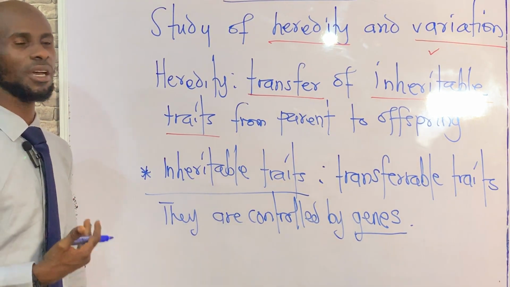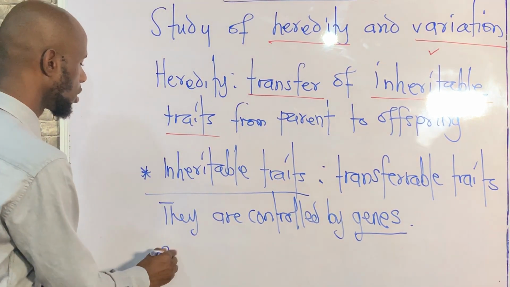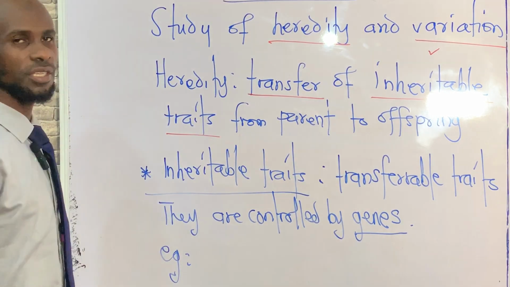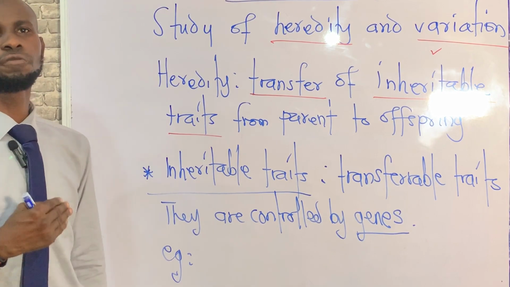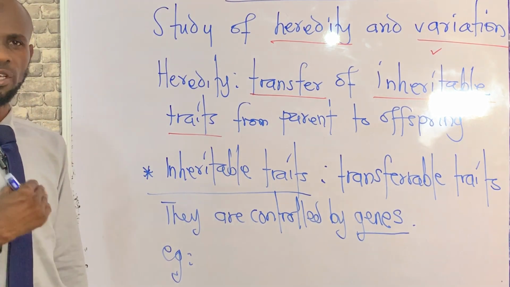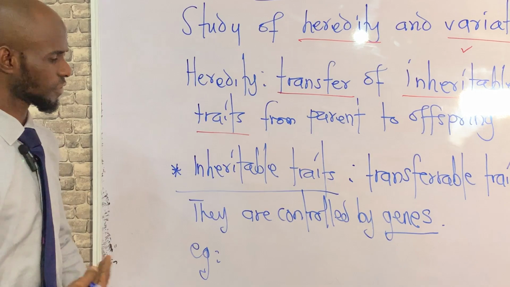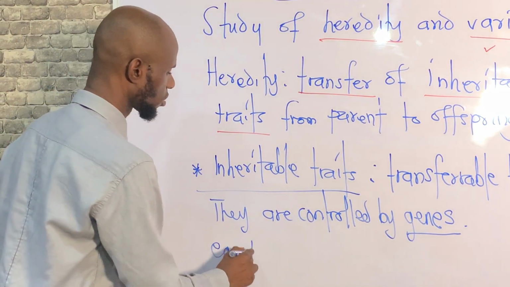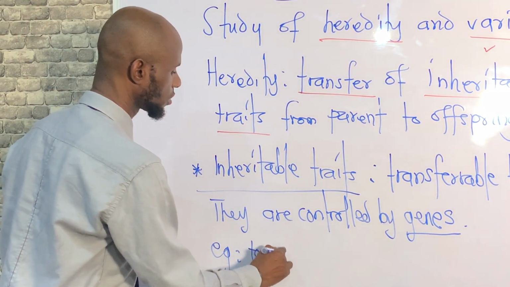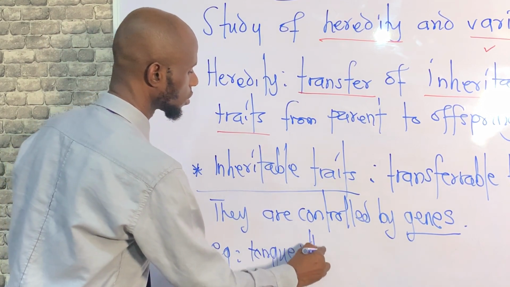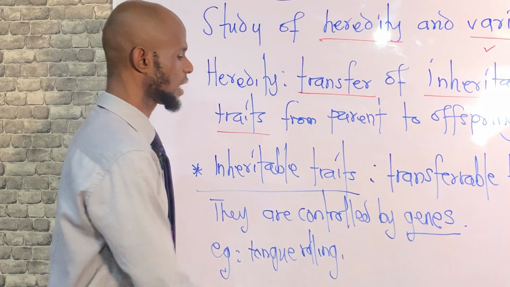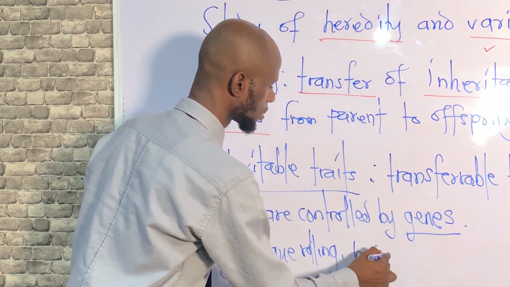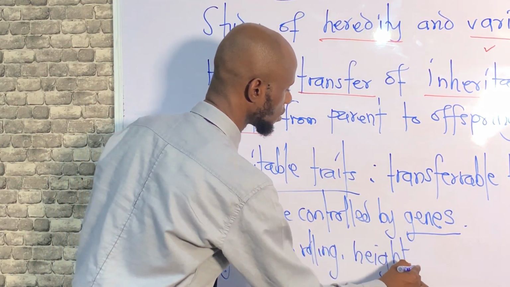So what are examples of inheritable traits? What are the traits that a parent can transfer from himself or itself to the offspring? For example, you have tongue rolling, you can transfer tongue rolling. You can transfer the height.